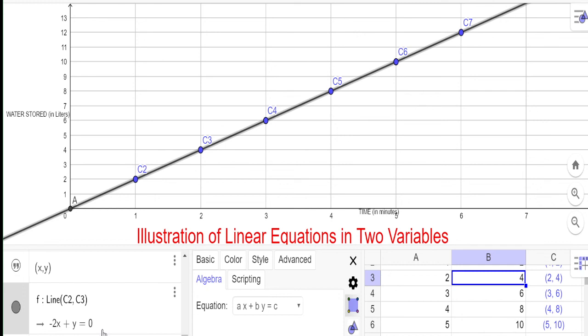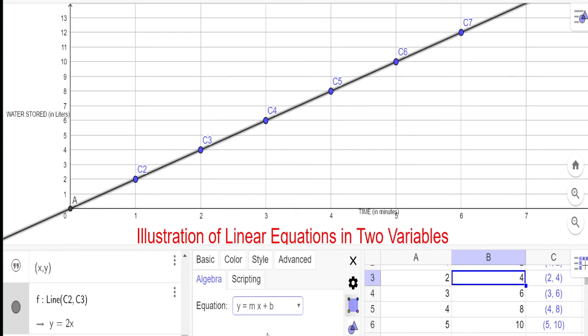But instead, you're going to apply this equation. Okay? So, kung 12 na, y man atong ipangutana, no? Y is water stored in liters or consumed if Paul will be able to take a shower within 12 minutes. So, 12 times 2, in short, 24 ito.